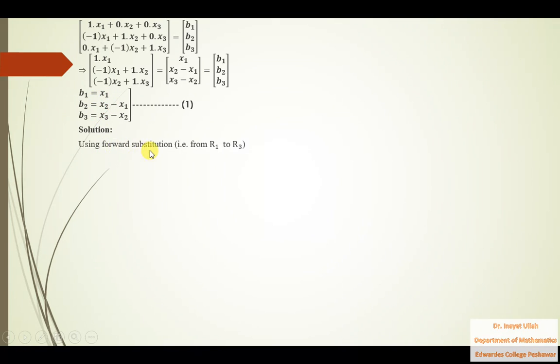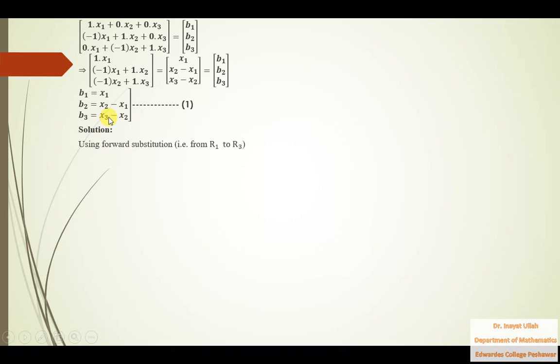What is forward substitution? It means that we will start from the first row and go through to the third row. So calculation which starts from the first row and extends towards the third row is forward substitution.